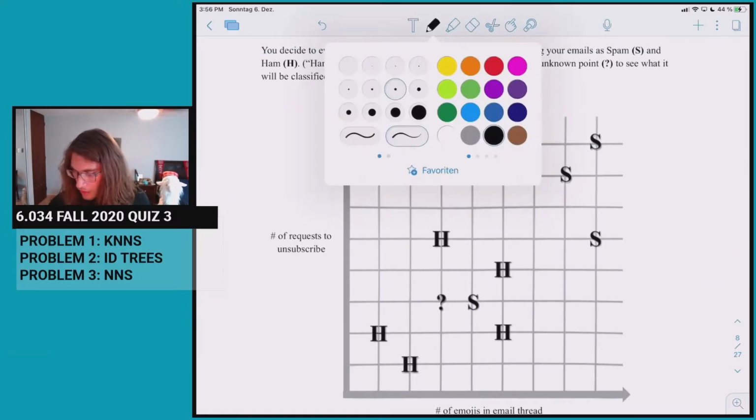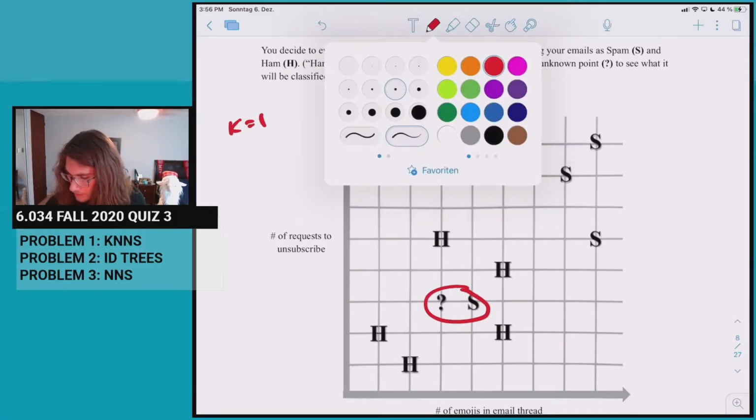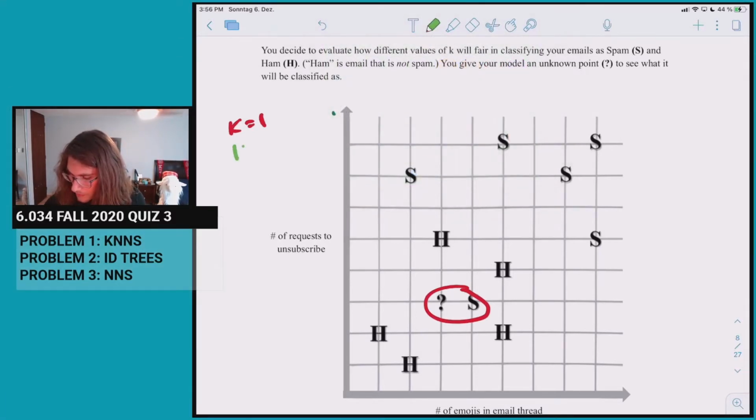So let me do the following. Let's say this is k equals 1, right here. Then k equals 2.